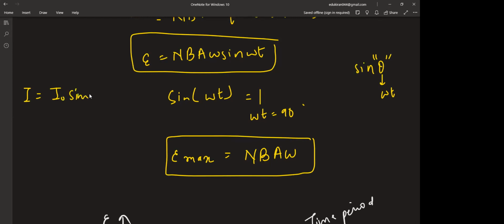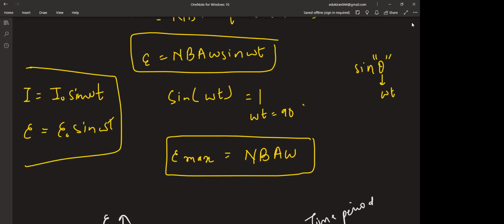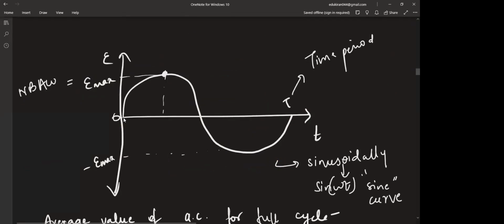So you have the formula I naught sin omega t, where I naught means the entire maximum value term. Similarly, E will be E naught sin omega t. This you will see later also. How will you have the graph defined? EMF is increasing, a maximum value NBA omega is achieved, then it sinusoidally decreases and becomes negative. You obtain a sine curve.